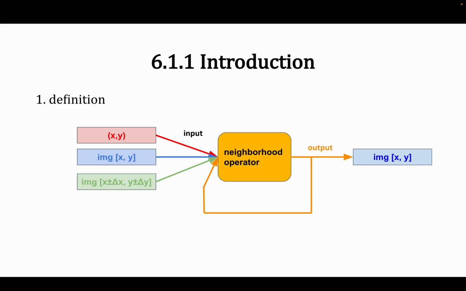The definition of a neighborhood operator is a function that takes as input the position xy and the pixel of the image at xy, and also the pixel values of the neighborhood positions, and takes these as inputs and generates the new output image at xy.